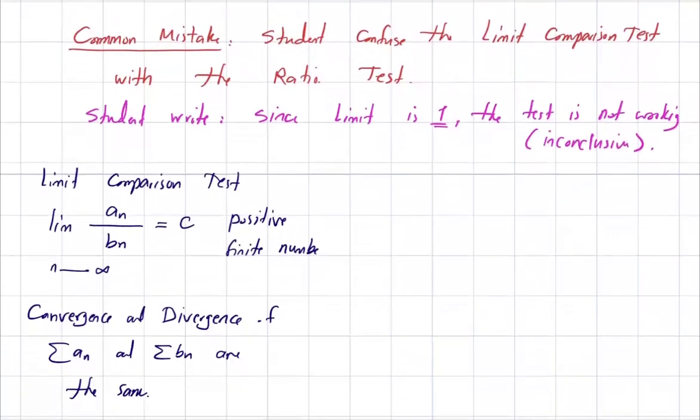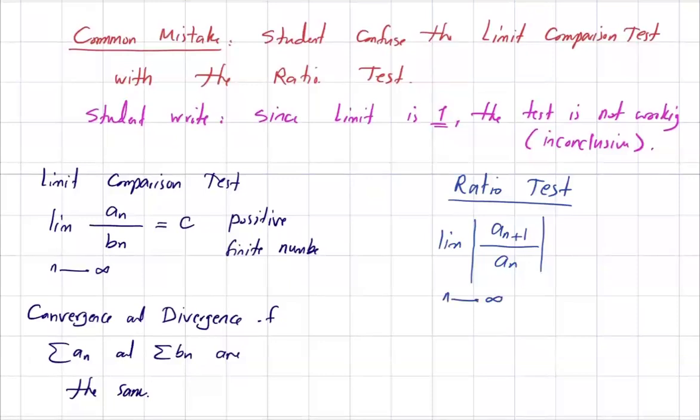Remember that in the ratio test, we had the following case. In the ratio test, we take the limit of absolute value of an plus 1 divided by an as n goes to infinity and this is equal to L. If L is less than 1, you have convergence.